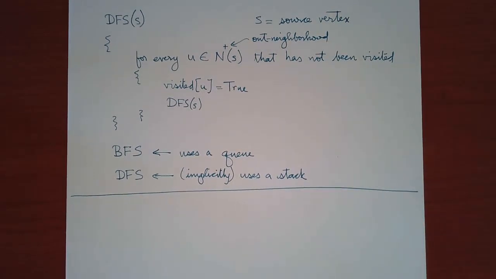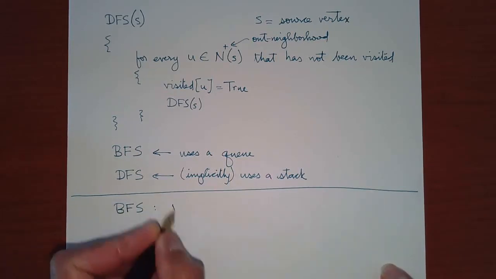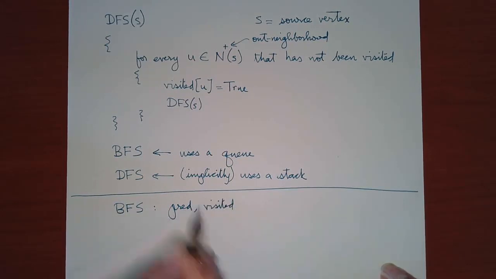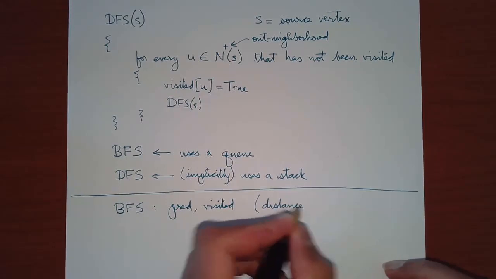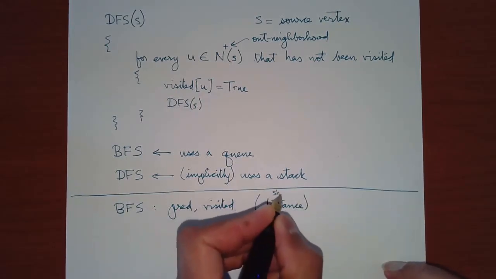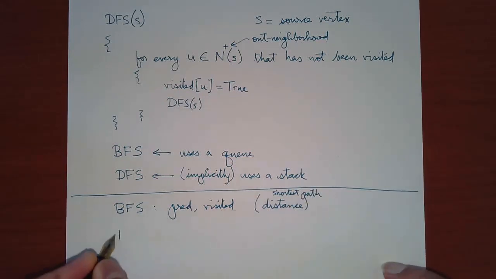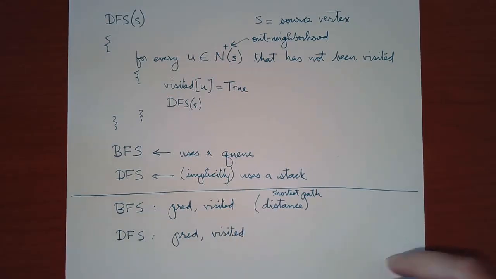Okay, so just to recall, BFS had these arrays, right? It had the predecessor and it had visited. And what BFS was doing was really, it could compute shortest path distances, right? DFS, on the other hand, is also going to have a predecessor array. It's also going to have a visited array, just like BFS, right?